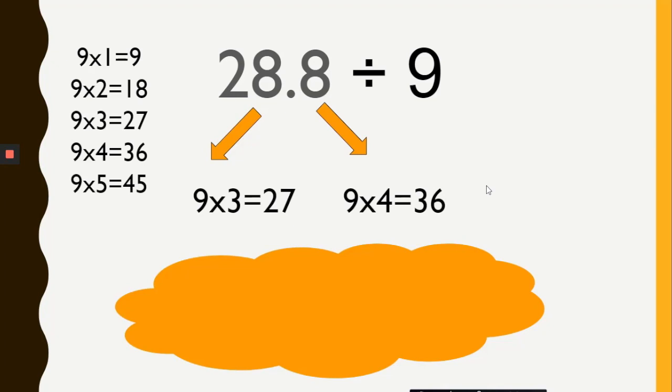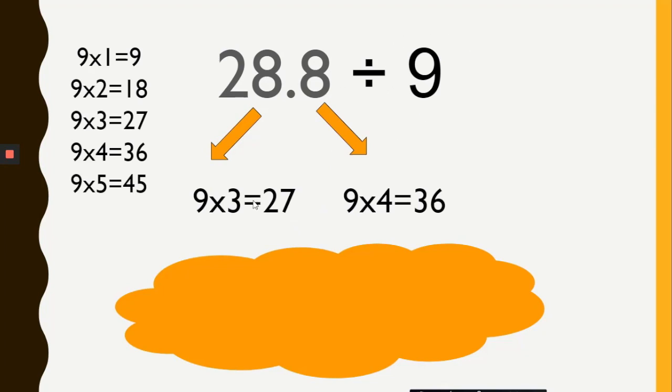So here I have 9 times 3 equals 27 and 9 times 4 equals 36. I noticed that the product 27 is much closer to 28 than the product of 36. And so I want to use 9 times 3 equals 27 as the basic fact to help me figure out the quotient for this problem.